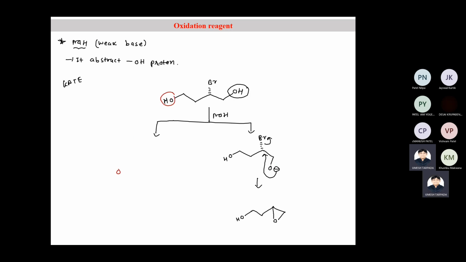So it's an O minus. Again cyclization takes place, so 4-member ring formation takes place. So you tell me which reaction is faster or which one is the major product?